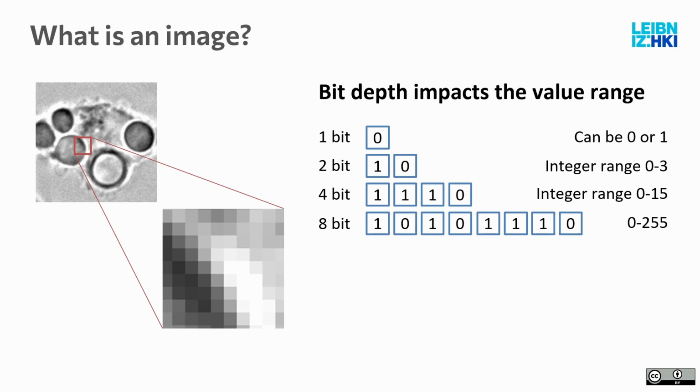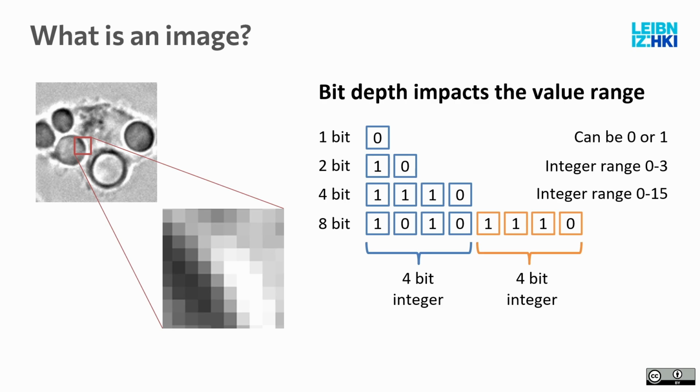And then we can continue with that. We can have a 4-bit image where more values can be represented by a single pixel, and then 8-bit images that have 8 bits, where we can go up to 255. But that doesn't mean that we have to use this range.